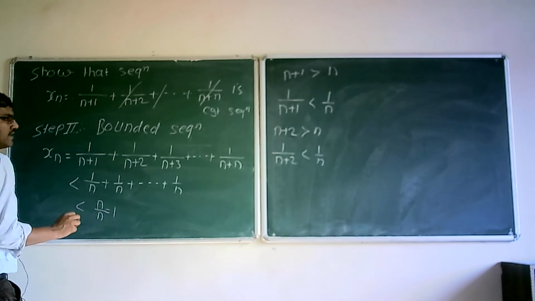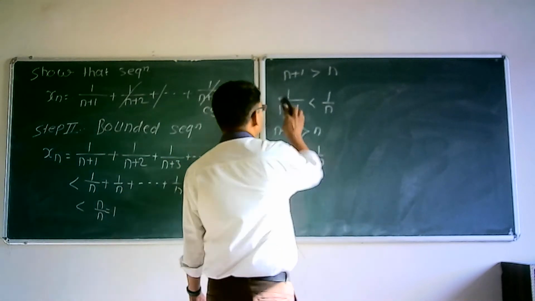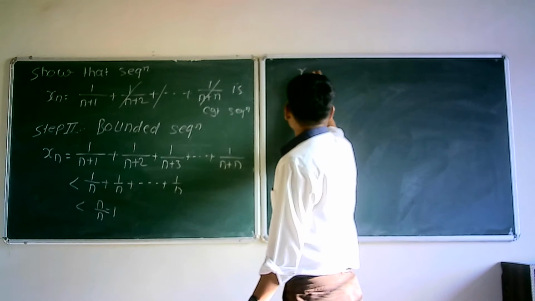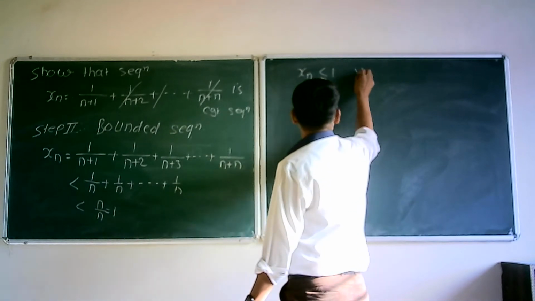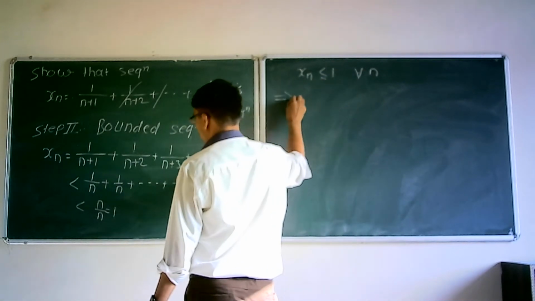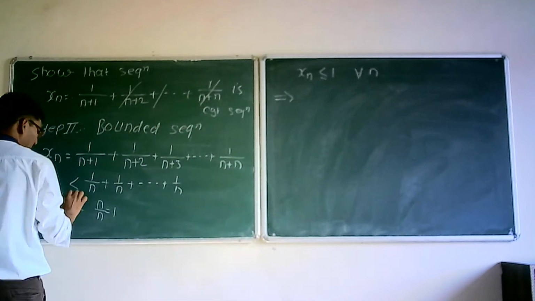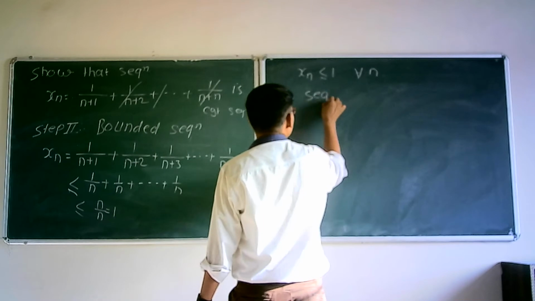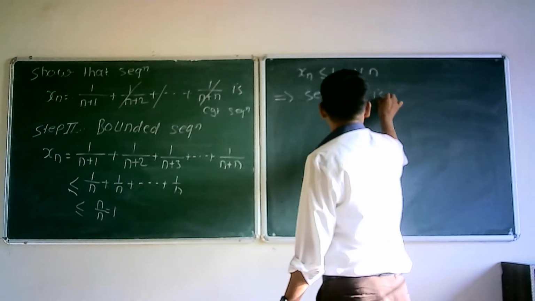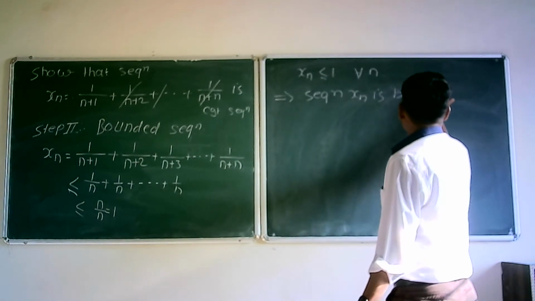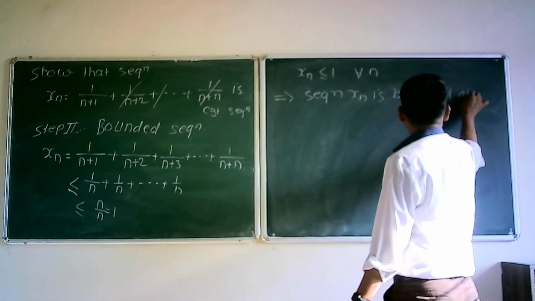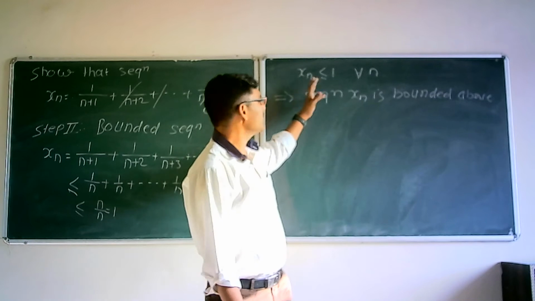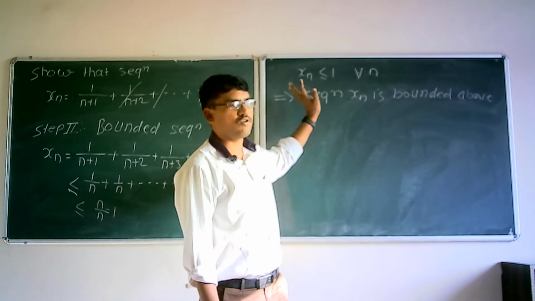Which is equal to 1. So xn is less than or equal to 1 for every n, and therefore the sequence xn is bounded above. Since each of these terms is less than or equal to 1, 1 is the upper bound of this sequence.